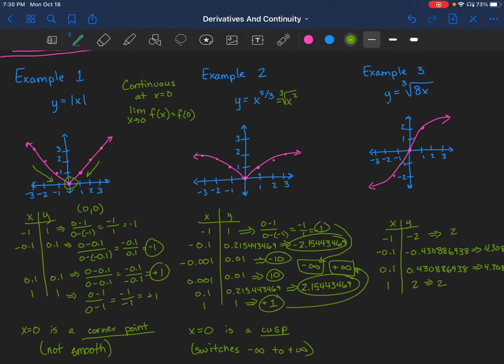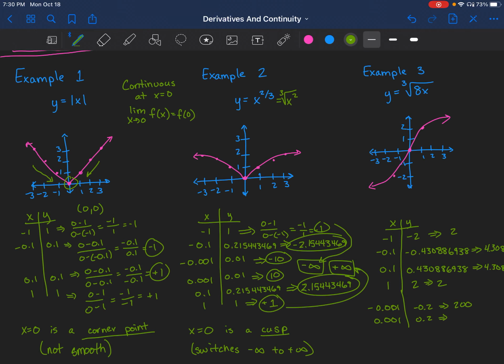I'm going to test one more number just to prove my point. Let's do negative 0.001 again, and we'll do 0.001. If I do the cube root of 8 times 0.001, I get 0.2, and negative 0.2 are these answers. So let me go ahead and check their slopes real quickly. 0 minus negative 0.2 divided by 0 minus negative 0.001 gives me 200.